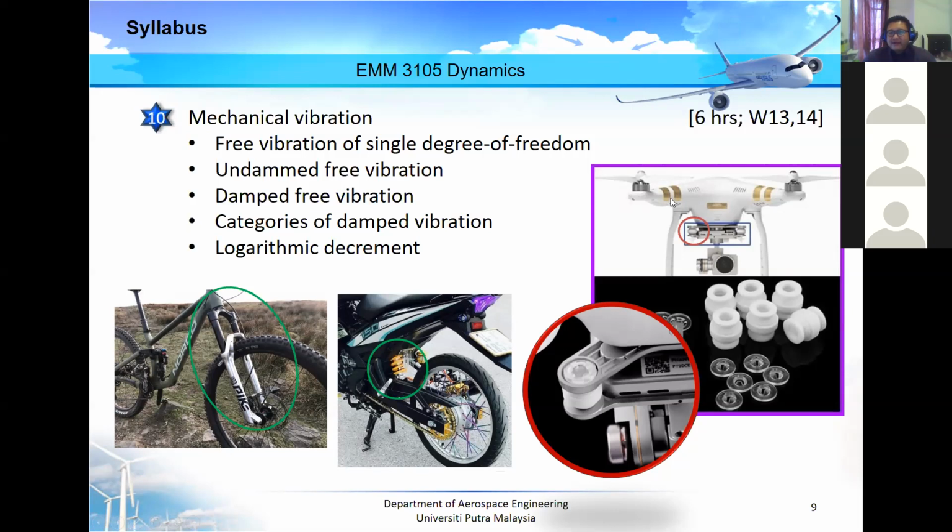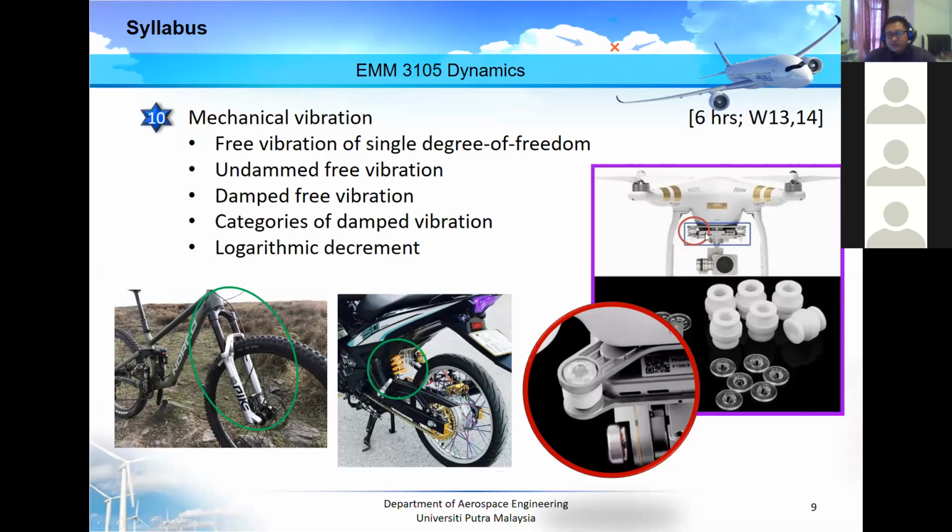Then during that process, the drone will have some motion, and it will affect this gimbal down here for the camera.